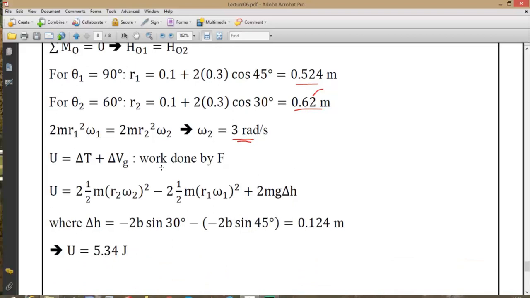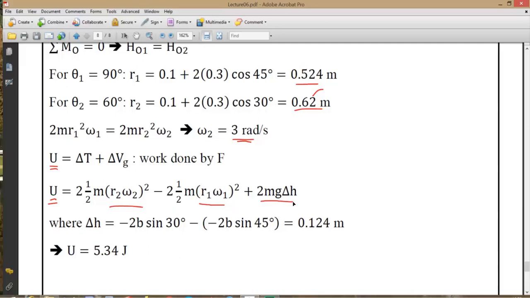Now, in order to calculate the work done by this force, we write out this equation: work results in the change in the kinetic energy and the change in the potential energy. There is no spring system here, so the delta VE is not written over here. The total work done is based on the change in the kinetic energy, the second instant minus the first instant kinetic energy, and then the change in the potential energy.